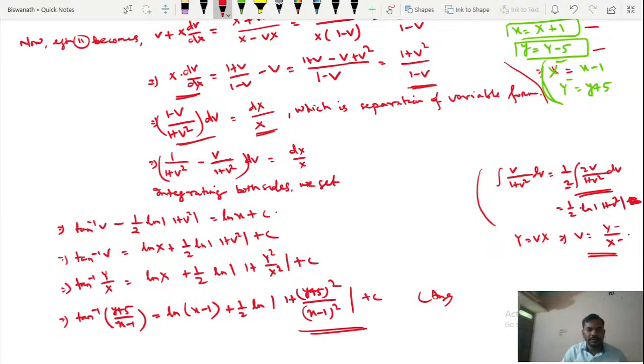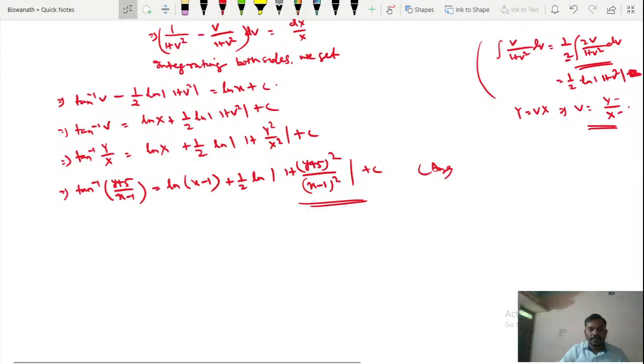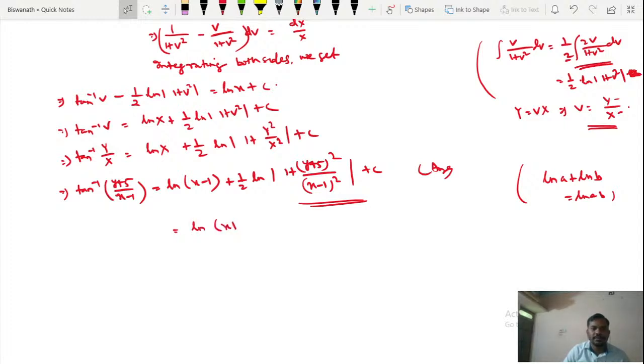If you simplify, you can go one line more. ln a plus ln b is ln ab. That means the right hand side I can simplify. This is ln of x minus 1, and this thing is half.